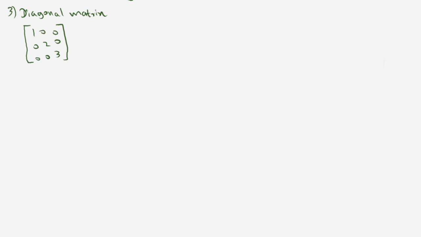Basically, this is the diagonal. All the real-valued non-zero elements exist within the diagonal. We can represent it like this as well, because we already know the rest of the elements are 0. So it's a diagonal matrix.